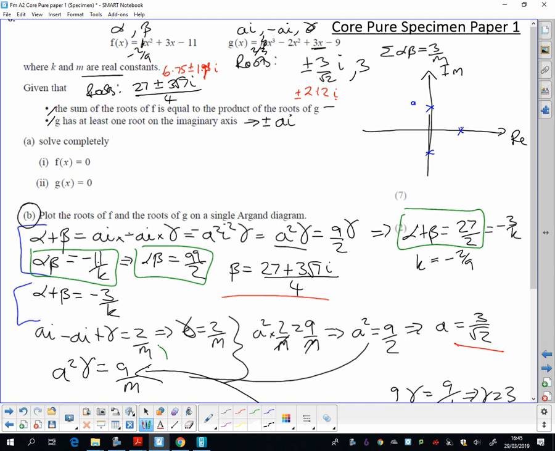I'll call that g root 1, g root 2, g root 3, and then try and get the other ones roughly in the right place. That means if the third root of g I've put there is a 3, 6.75 should be over here, and also it should be slightly, but not too far, below the other ones in terms of scale. So that one is f1 and f2. So there we go.